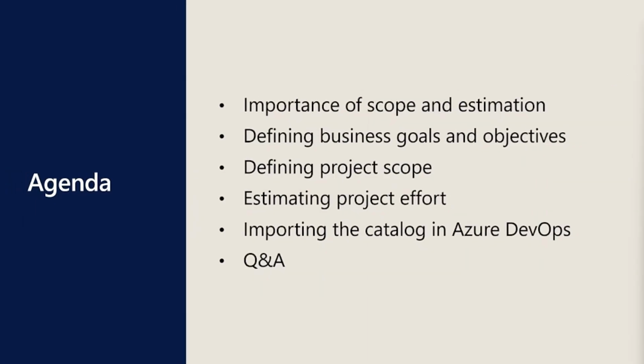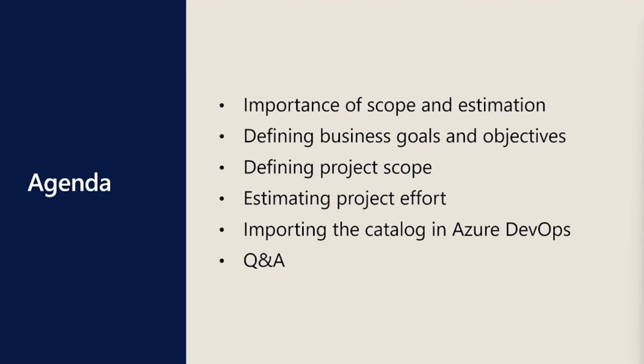So let's take a closer look at the agenda for today's session. Today, we're going to be focusing first on an overview of the importance of the scope and estimation process within your Dynamics 365 implementations. We're also going to talk a little bit about how you can define business goals and objectives for your project.